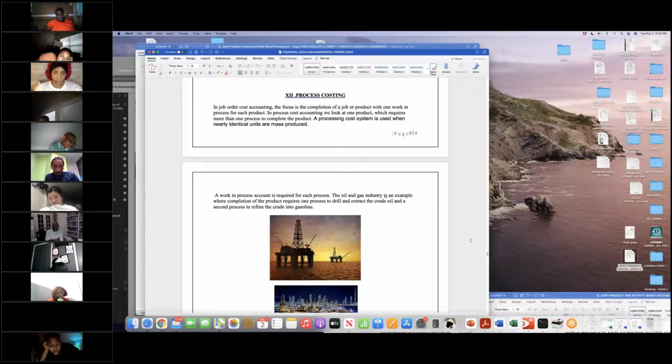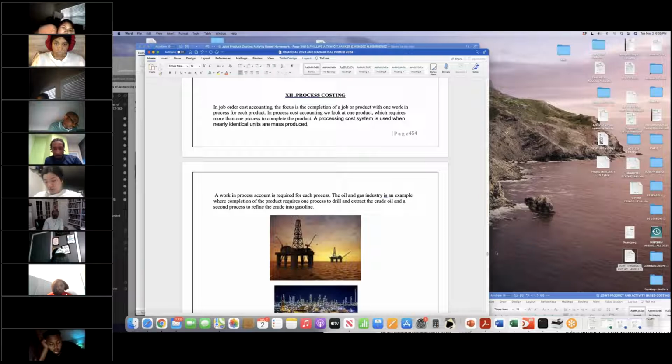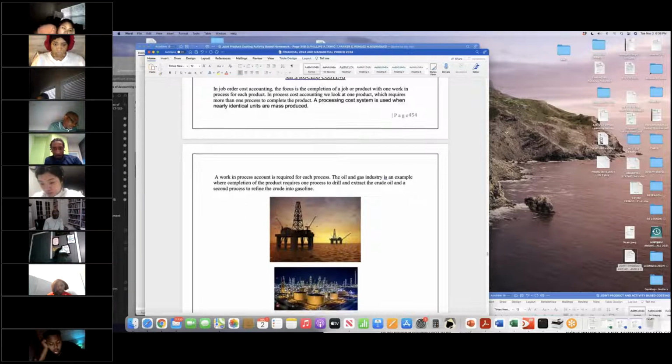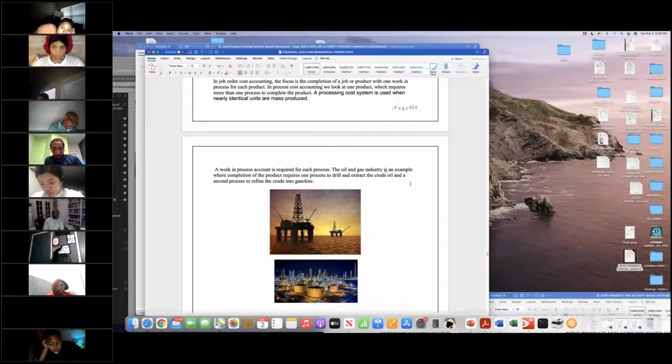In process costing, which would be prevalent in the southwest area here, we have items like oil, and so it's only one product, the main product being gasoline.